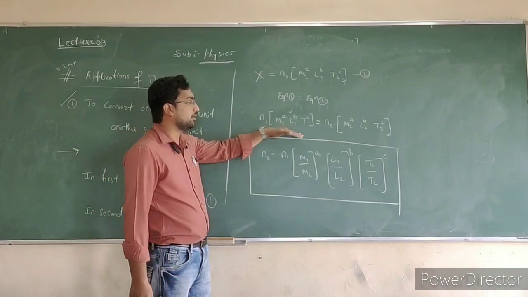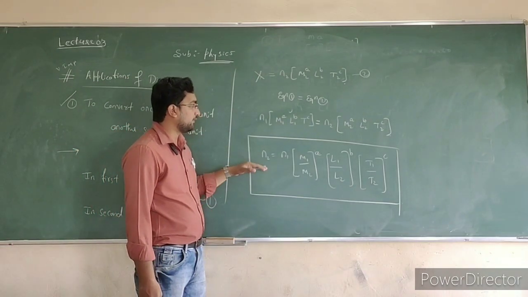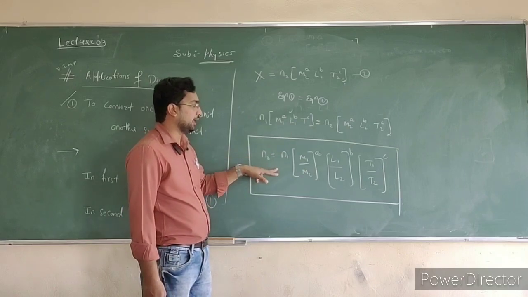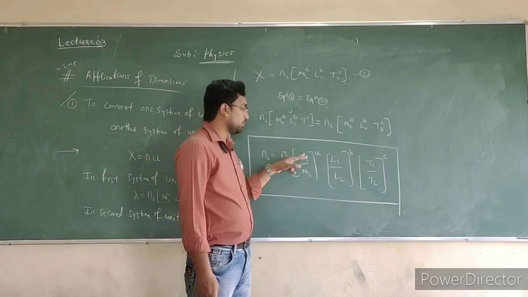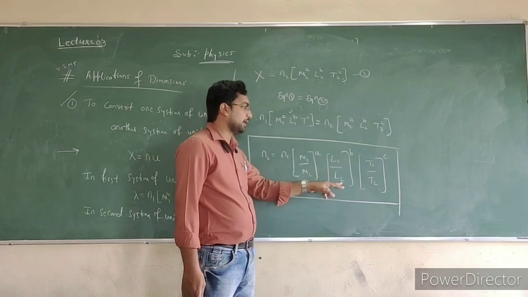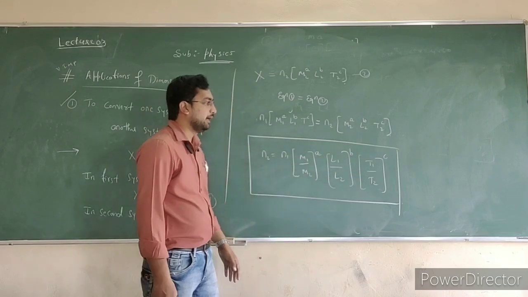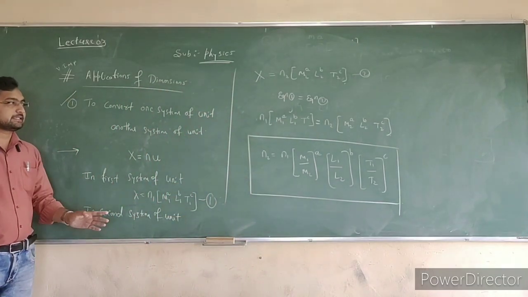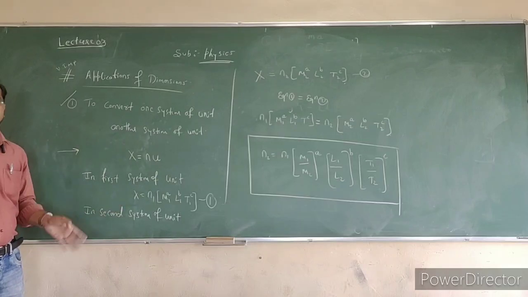Equating these two equations, you get the general form. After that, simplify this expression. So then n2 is equal to n1 bracket of m1 by m2 to the power a, l1 by l2 to the power b, t1 by t2 to the power c. This is the general expression to convert one system to another system of unit.